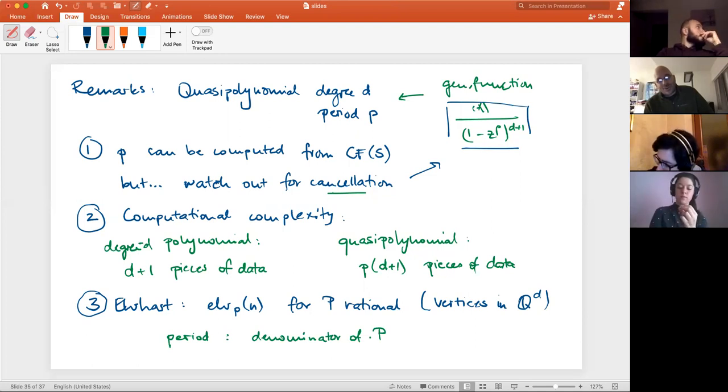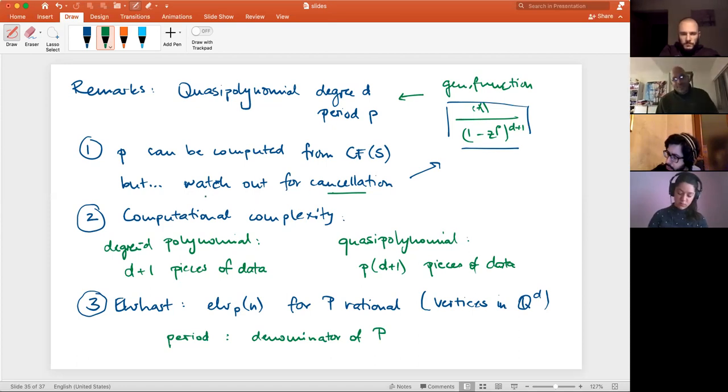So look at all your vertices of the polytope. They're now rational numbers. Take the denominators, take the LCM of the denominators. That's the denominator of P. It's the minimal integer multiple you need to dilate P by to get an integer polytope. That is a priori the period that you should expect for your quasi-polynomial.